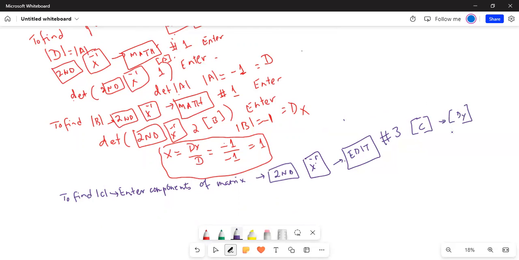So enter the components of dy, which are 5, 11, 2, and 4.